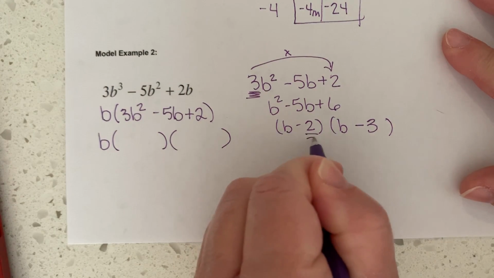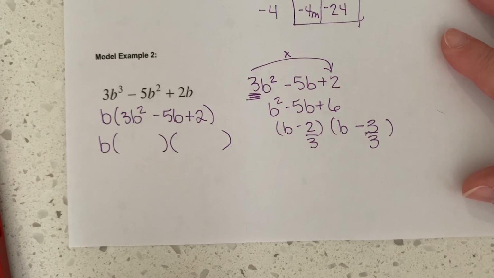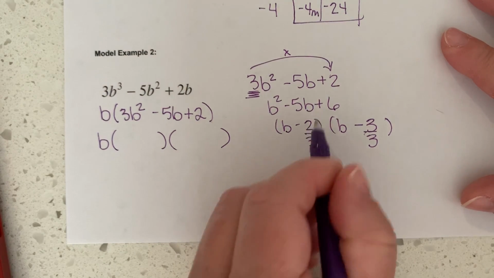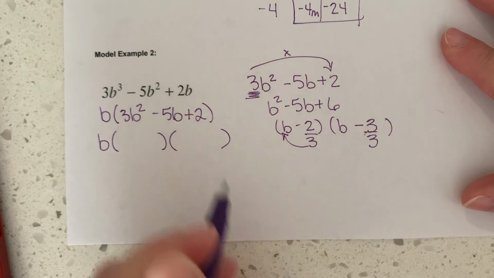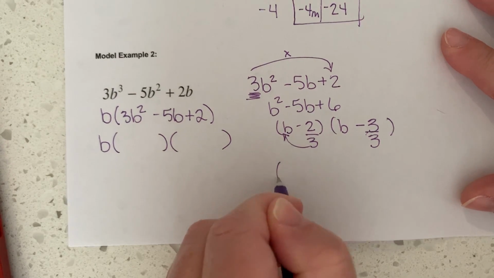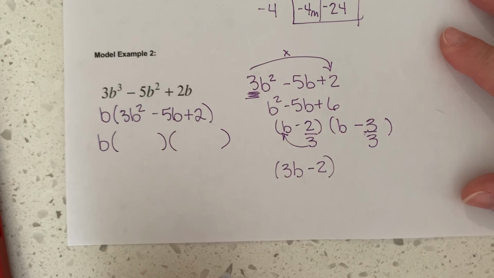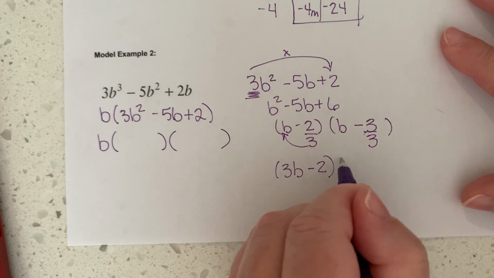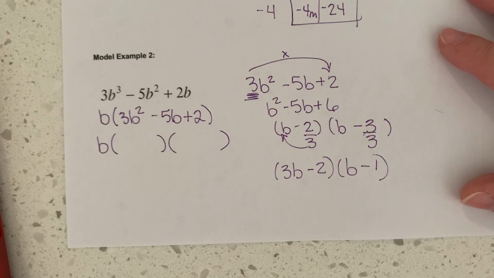Well, now we have to go back and divide all of our numbers by that 3. Now here, these don't divide, so we're going to have to slide back in front of b and get 3b minus 2. And then this is awesome because 3 divided by 3 is just 1. So we don't have to slide anything.